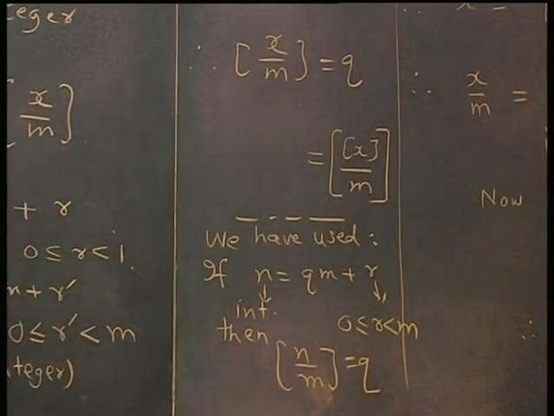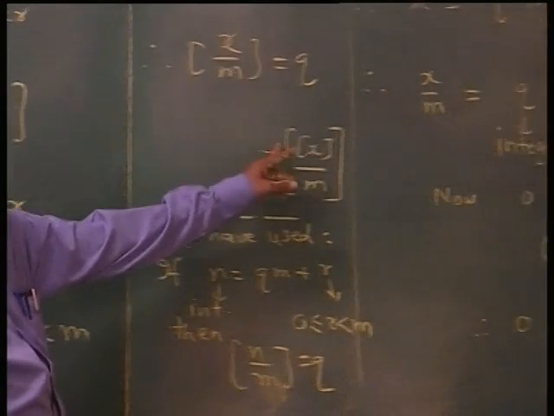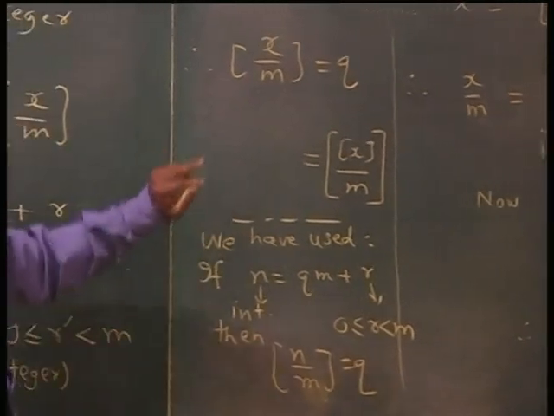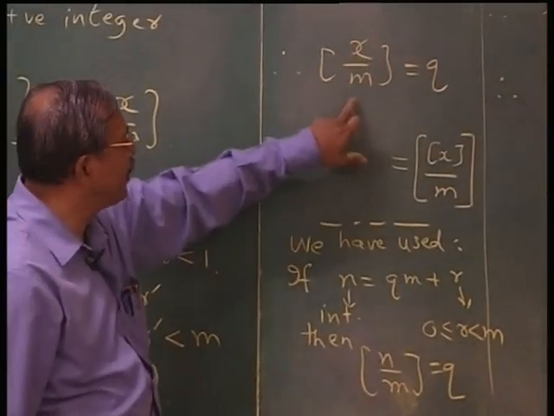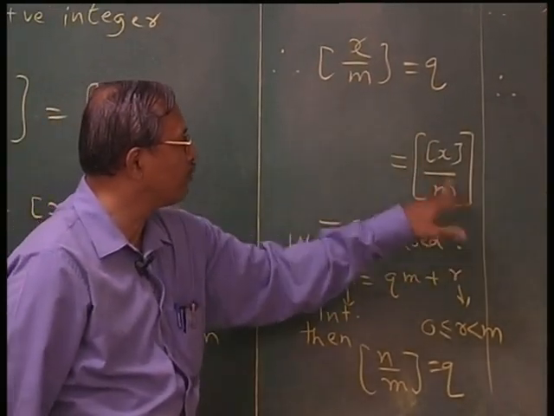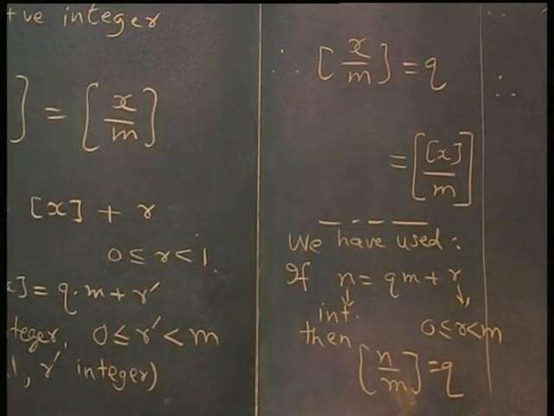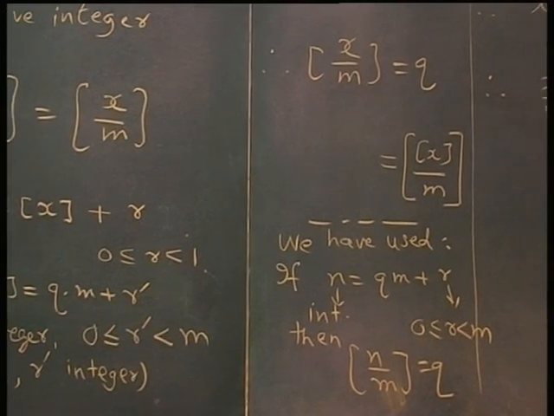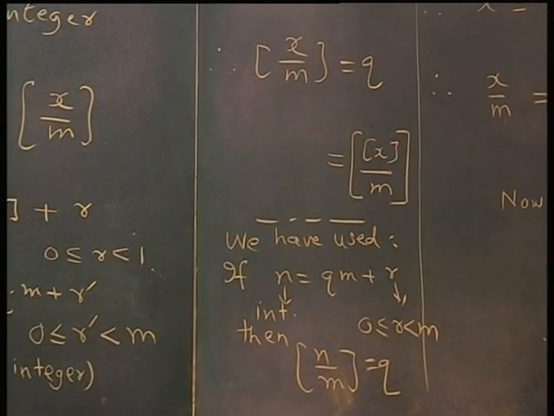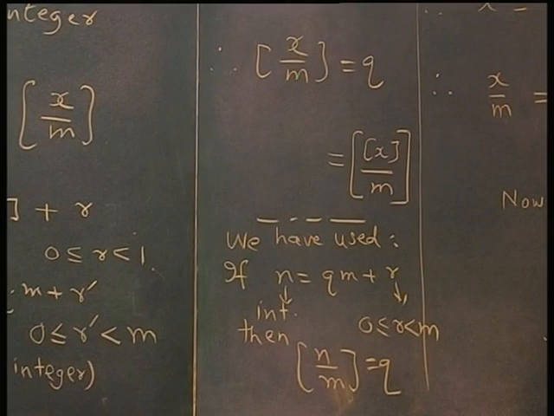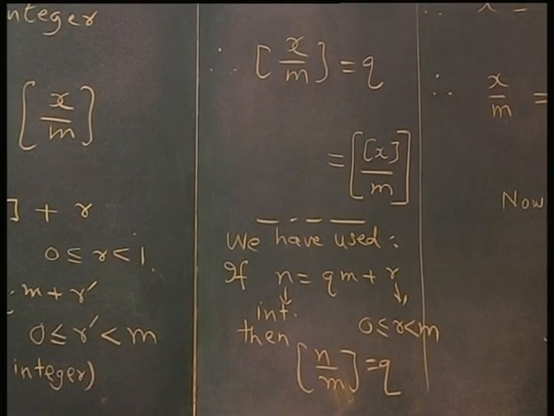That quotient is the integral part. That is clear. So this is something which we use very often. Here we have used that. So we have got the result, the integral part of x by m equals the integral part of the integral part of x by m, where x is a real number and m is a positive integer. So this is an interesting property.